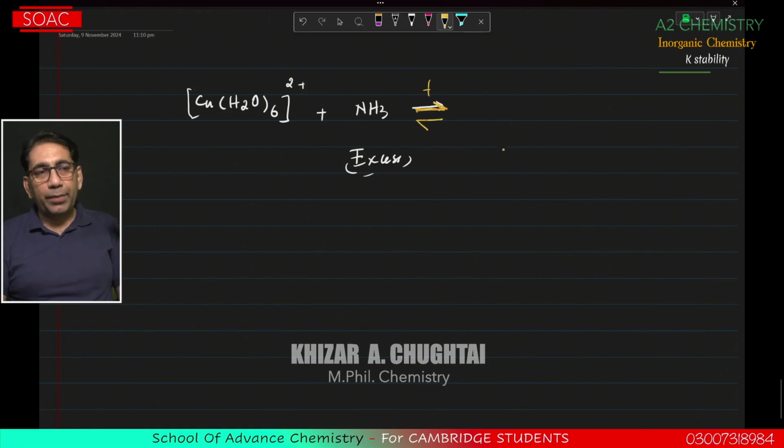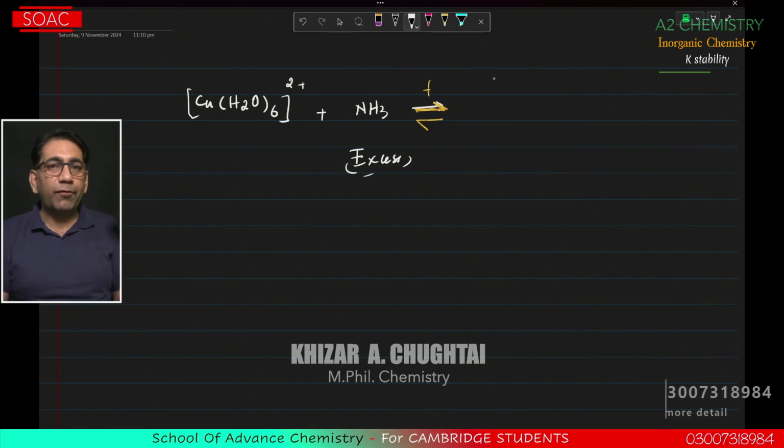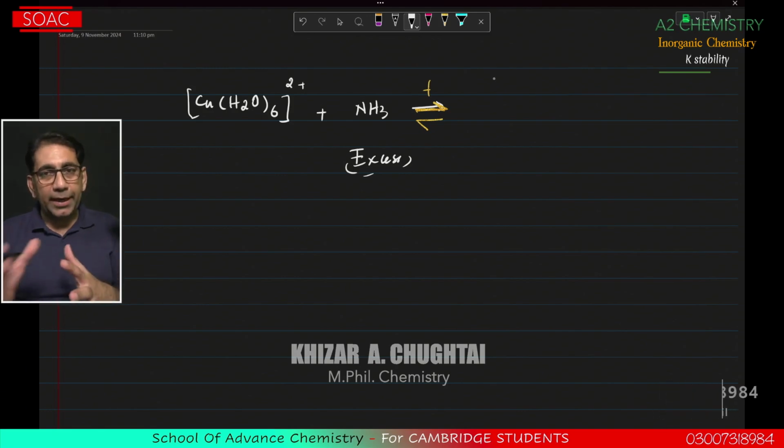So what will form finally? We see a deep blue solution whenever we add excess ammonia to the aqueous copper sample, that is, the hexaaqua copper complex ion.